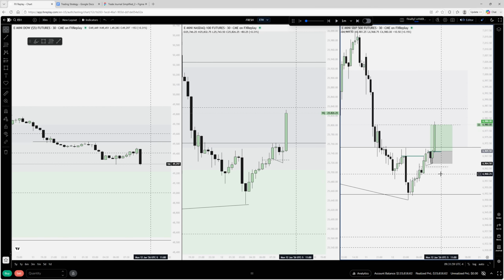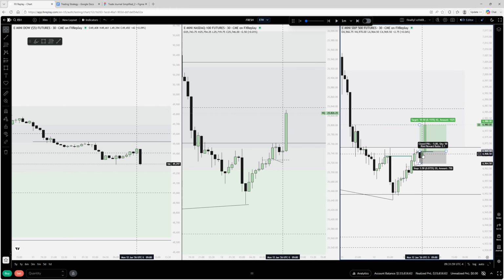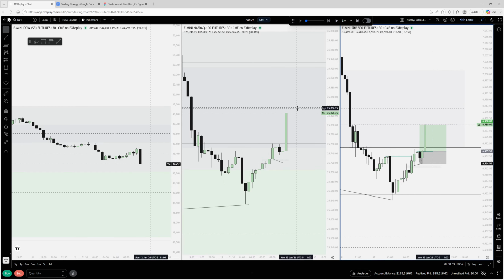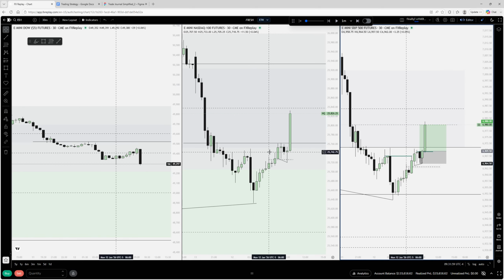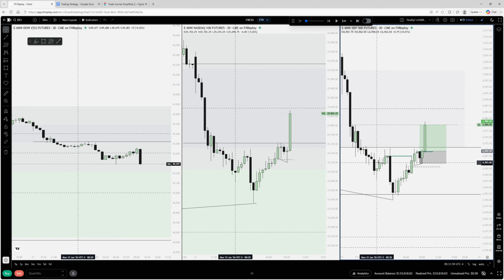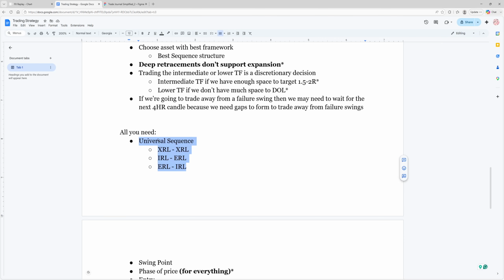The reason I took ES was because of the strength switch. See, ES just closed stronger. We actually had a close over this OB, and the SMT is showing a strength switch, whereas NQ never even closed over that, so it's a weak closure, and we had a deeper retracement, making ES the better choice. That's why I ended up taking ES and not NQ. But yeah, you can see just how everything comes together. So this is an external to internal sequence.